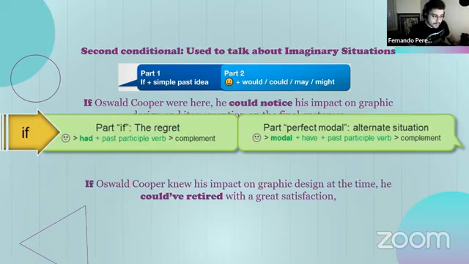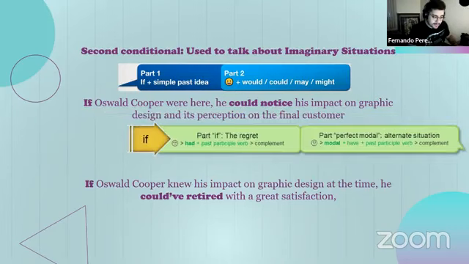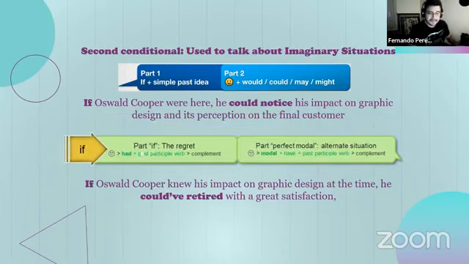On the second one, we have the connector if, and then we have the auxiliary had, and then the verb in past participle. If Oswald Cooper knew his impact on graphic design at the time, he could have retired with great satisfaction. This means that this didn't happen.